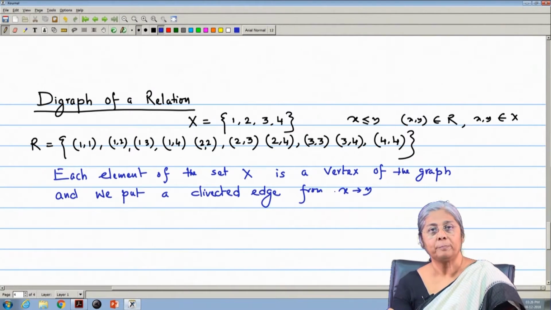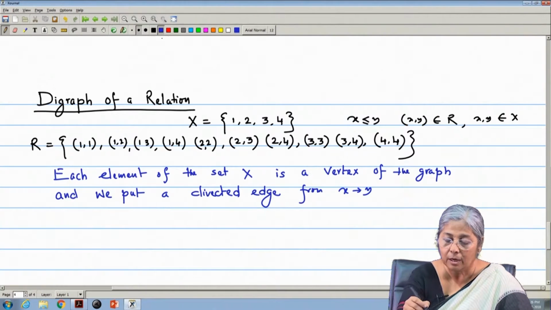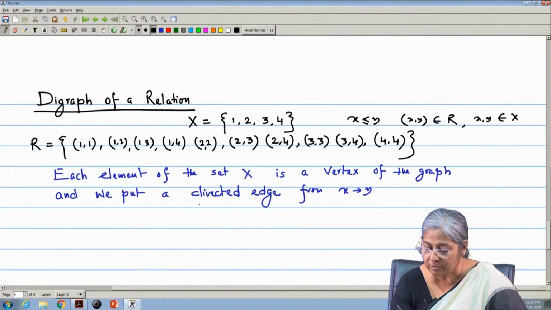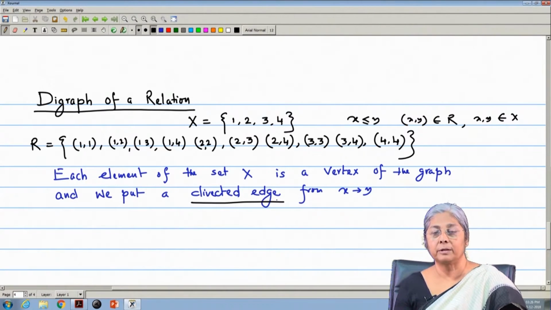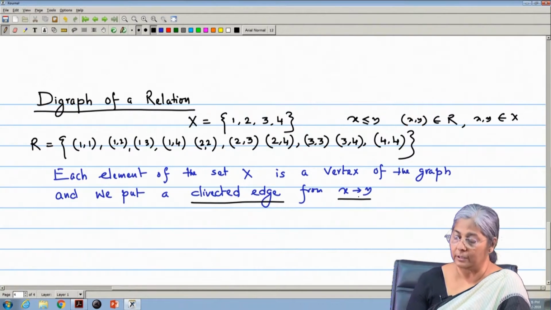That means, for every pair that exists, we give a directed edge. And why is it a directed edge? Because it is an ordered pair, because a relation is defined as an ordered pair. So, we give an edge.